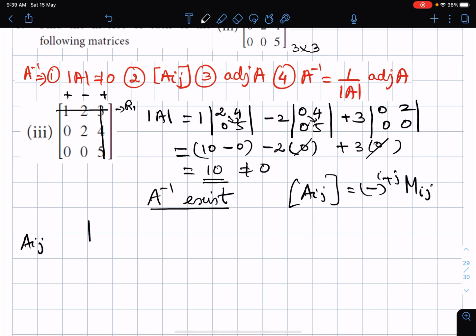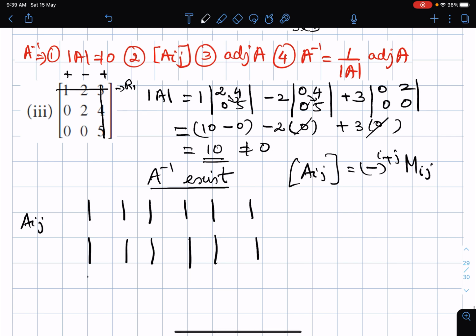You have to write 3 by 3, first row, this is the second row, and coming to our third row, you have to put the sign.